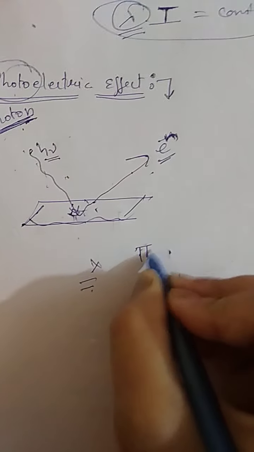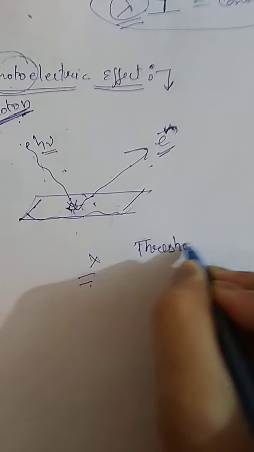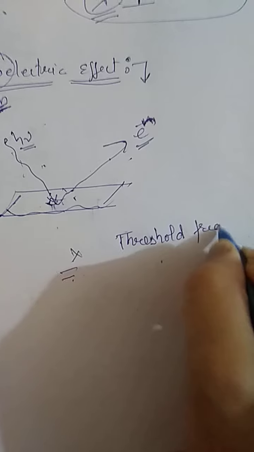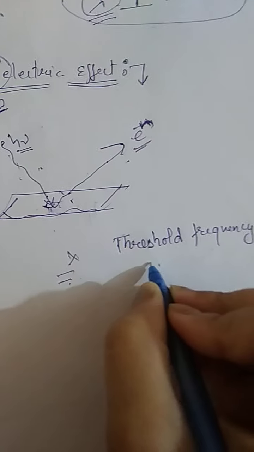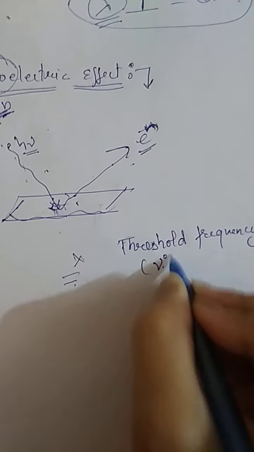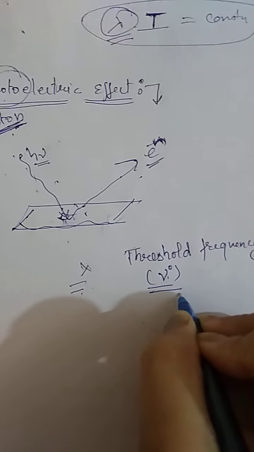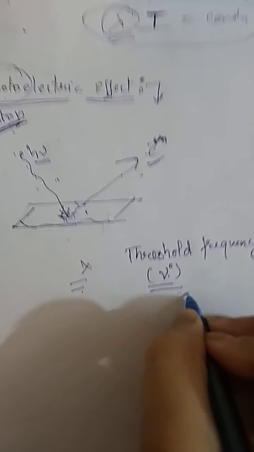That frequency is called the threshold frequency. It is denoted by nu naught, and it is the minimum frequency required for the ejection.